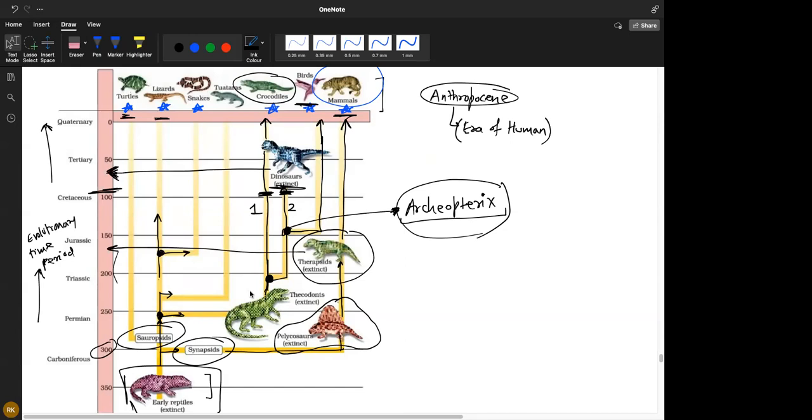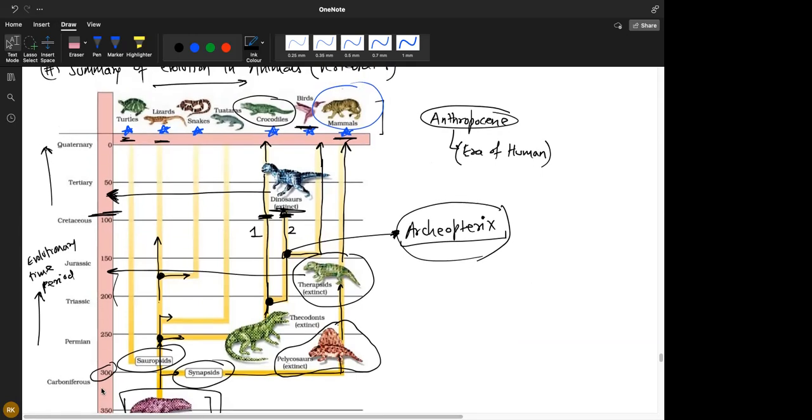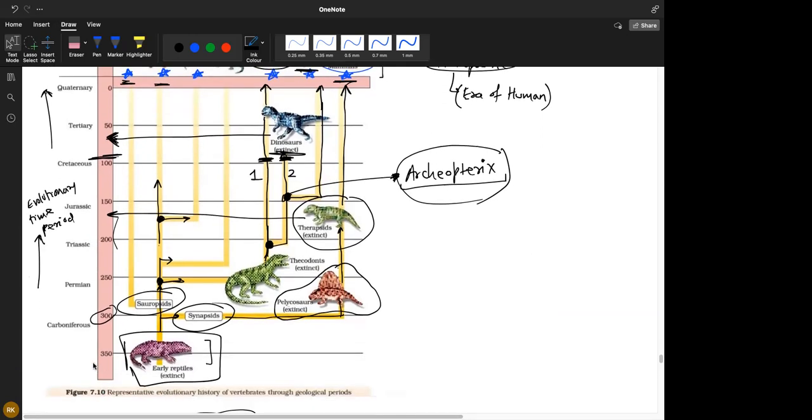Multicellular organisms had evolved from unicellular organisms? Nowhere in this graph does it talk about unicellular. It actually starts from early reptiles. If you see 350 million years ago, this is a graph starting from midway somewhere.